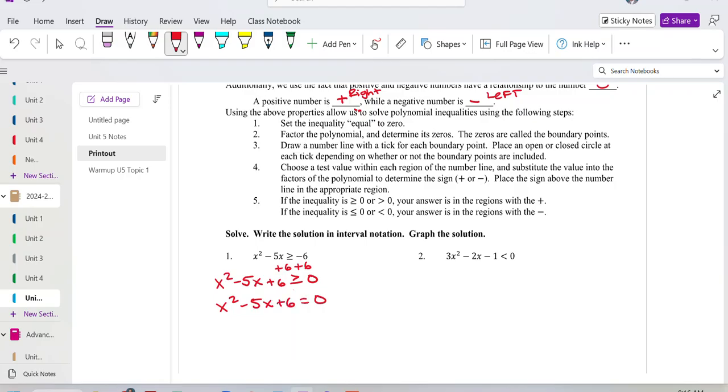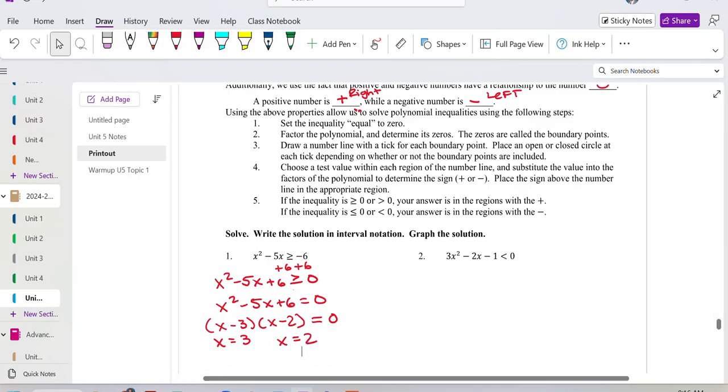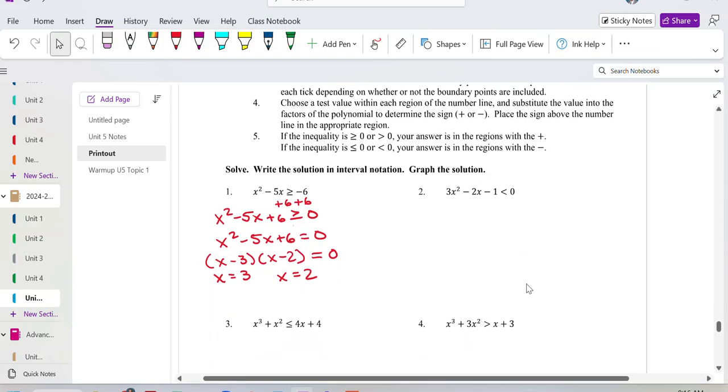Next, number 2, we determine what numbers make the expression equal to 0. So let's factor. The factors of 6 that add to negative 5 are negative 3 and negative 2. So the two numbers that make it equal to 0 are positive 3 and positive 2.